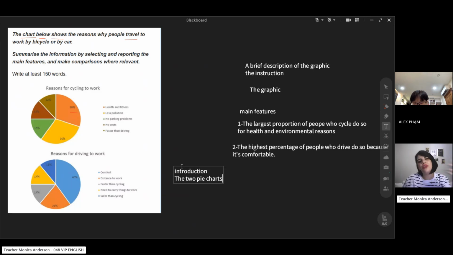Okay, I have show. I want to use another verb. Illustrate, you mean? Yeah, of course, why not? We can say illustrate, or we can say demonstrate, or display, or depict. So all of them are right, usable. So the two pie charts illustrate, okay, illustrate why?